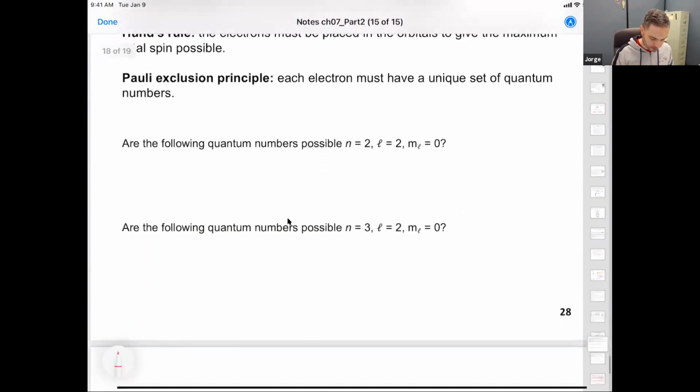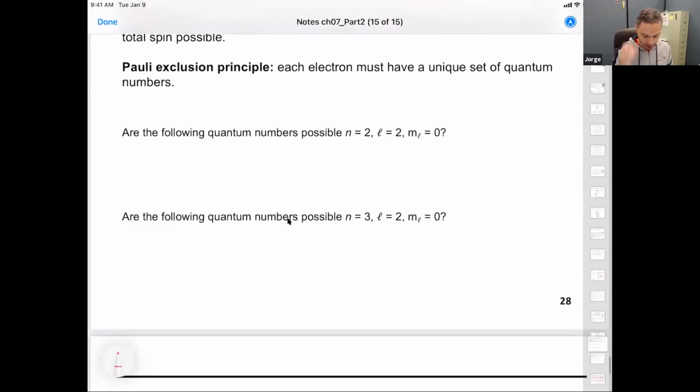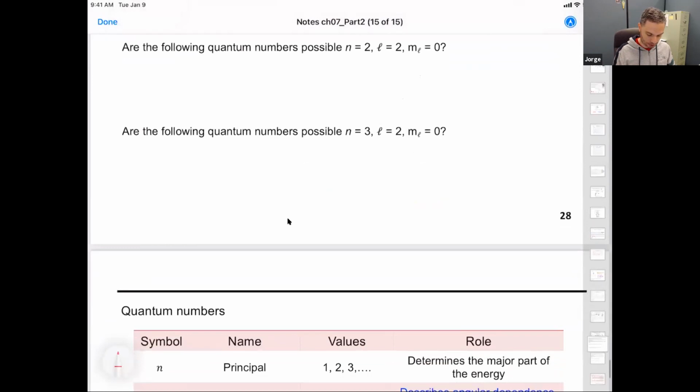Okay, some things for you to think about. Two questions here. Are the following quantum numbers possible? n equals 2, l equals 2, and ml equals 0. Can we have this orbital, or is it mathematically impossible? And the same thing for n equals 3, l equals 2, and ml equals 0.